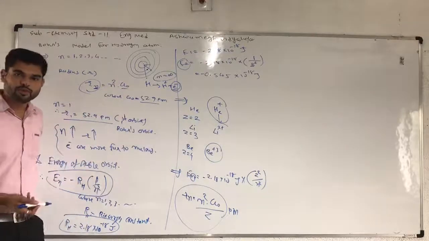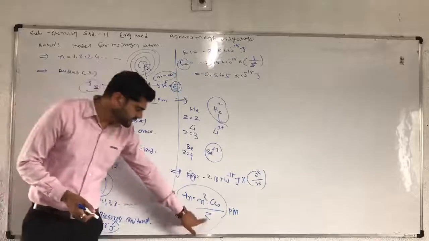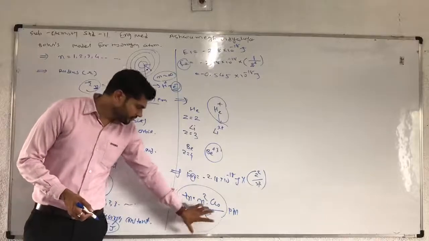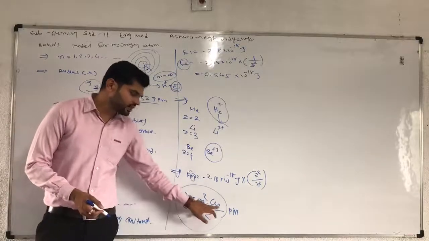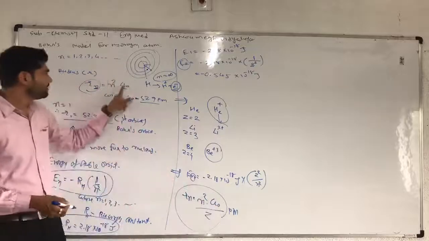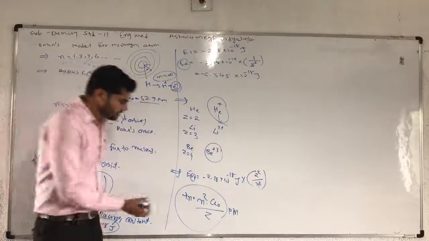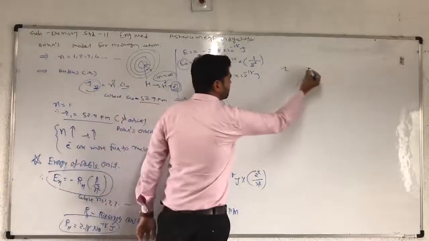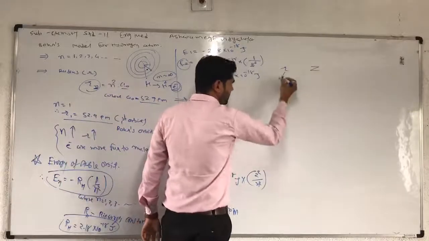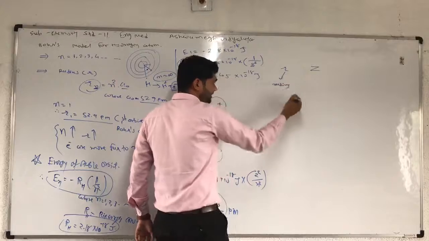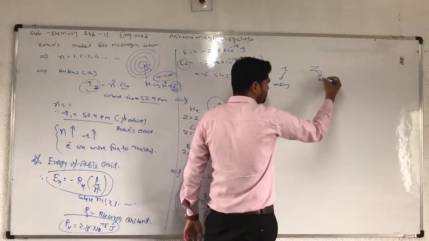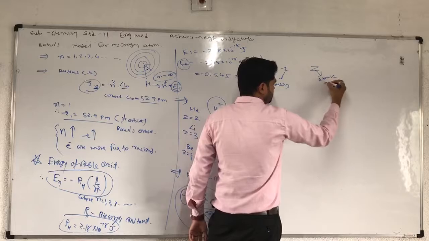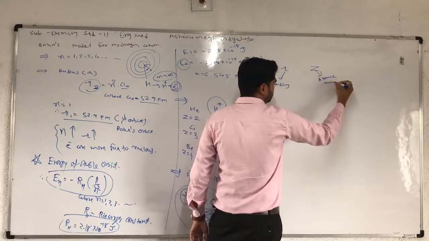But helium has an atomic number more than 1, therefore we take Z equal to 2. So the equation is Rn equal to N square into A0 divided by Z. It means R and Z have a reciprocal relation. R means radius and Z means atomic number.